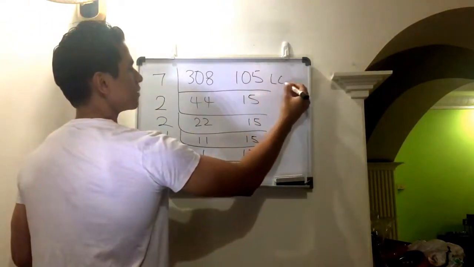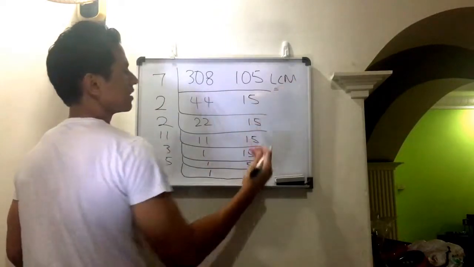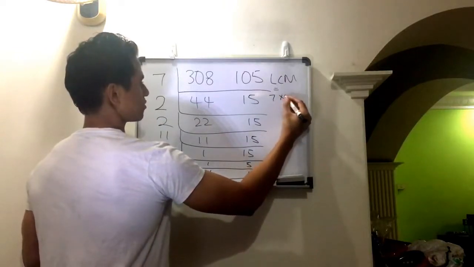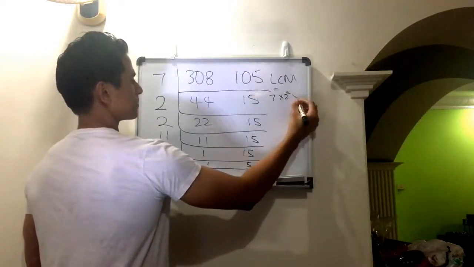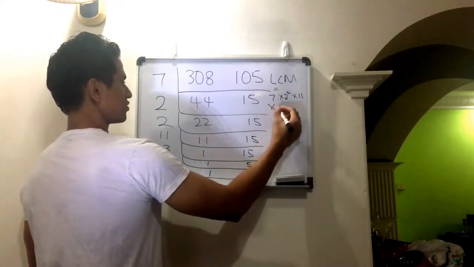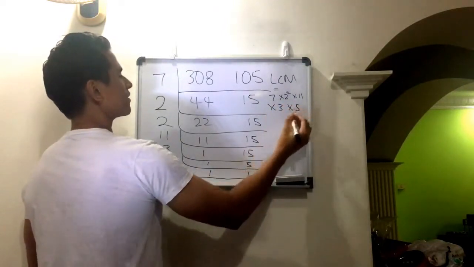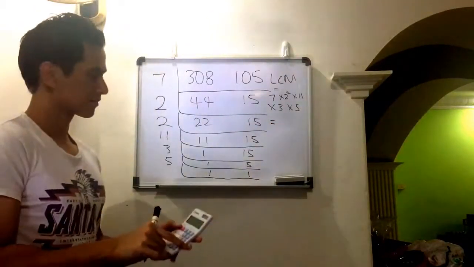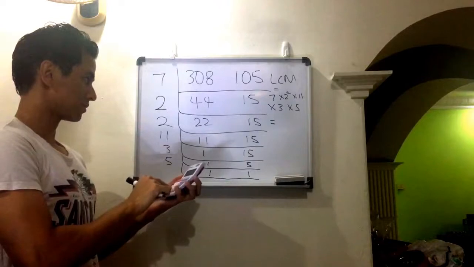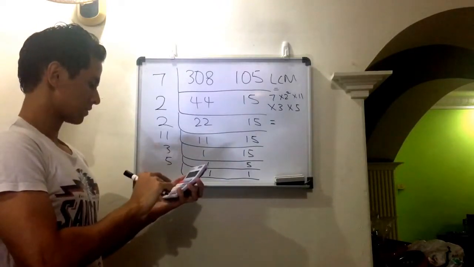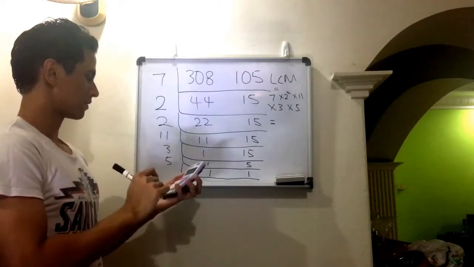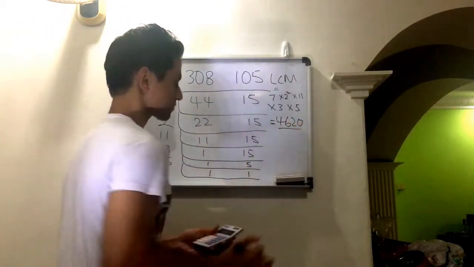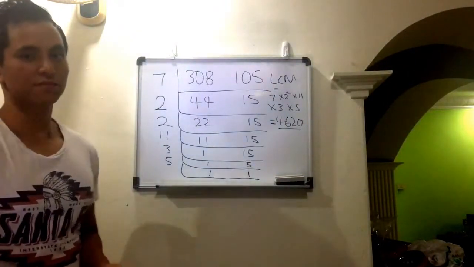The LCM would be equal to 7 multiplied by 2 squared, multiplied by 11, multiplied by 3, multiplied by 5, and this would give us 4620. So this will be the answer for this example.